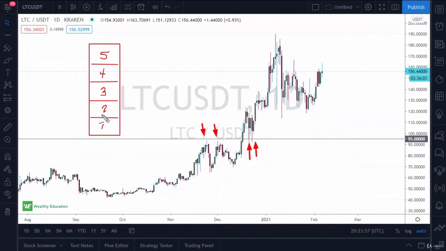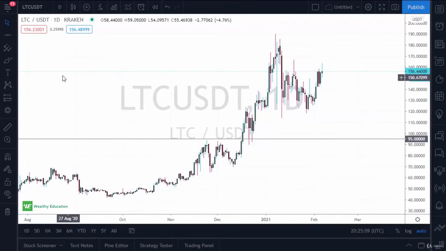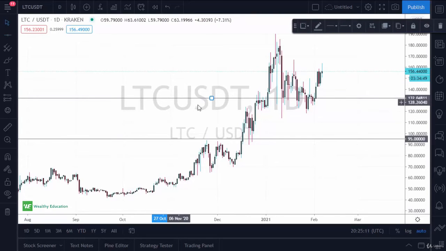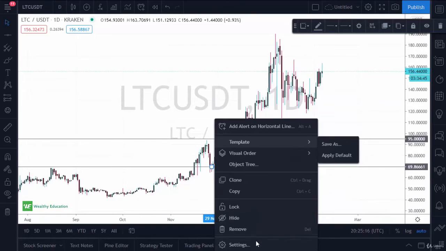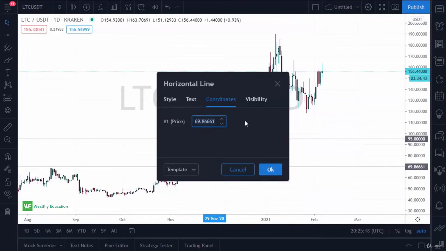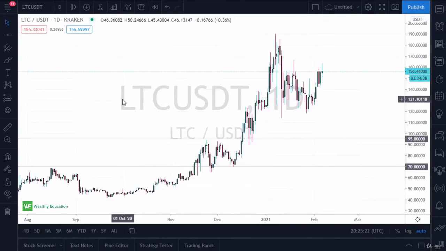If you drop down, well, your support had been here at the floor of 3, it is now the ceiling of 2. It really works like that, and I'll show you. Just take a look at these lines as I lay them out.